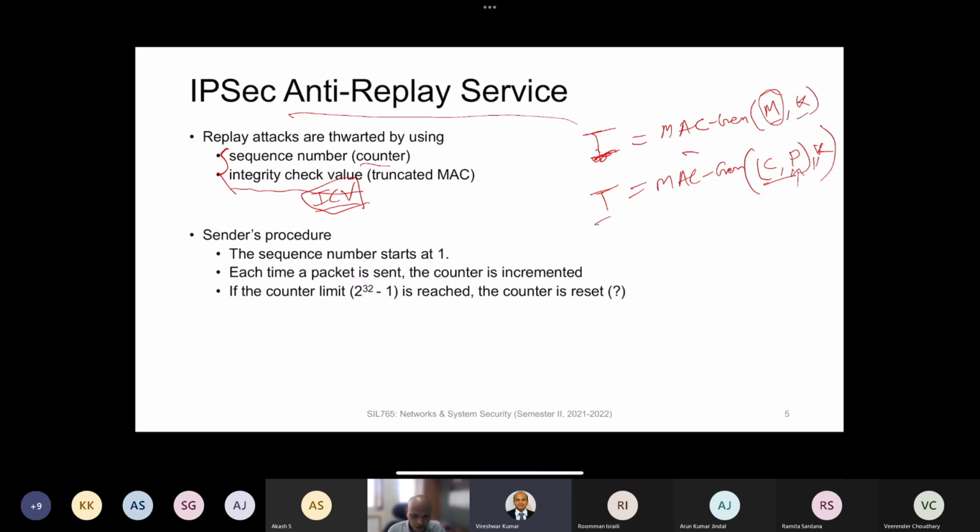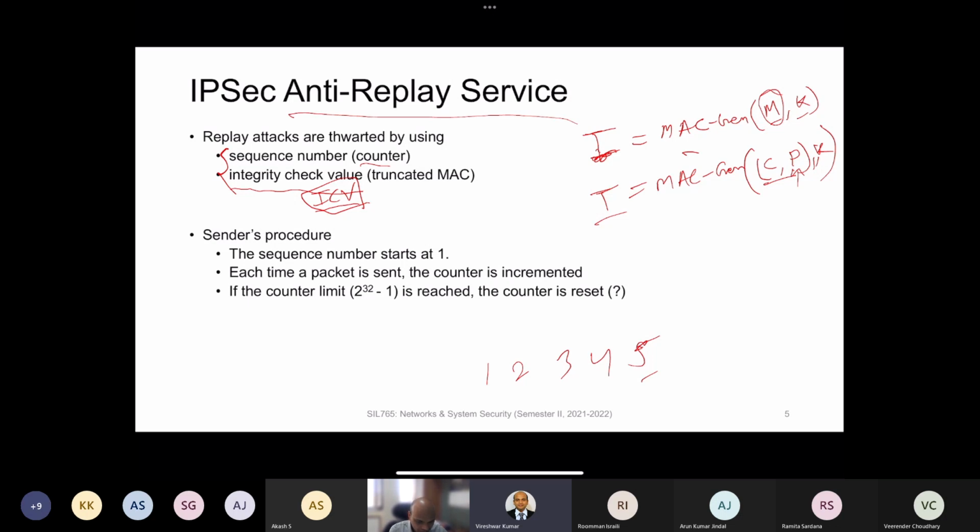So now we have a counter and we have authenticated that counter. We know the counters could be 1, 2, 3, 4, 5, and we can trust the value of the counter because these are being authenticated.